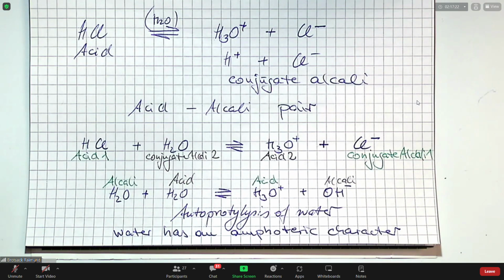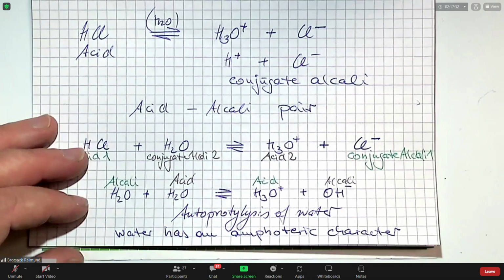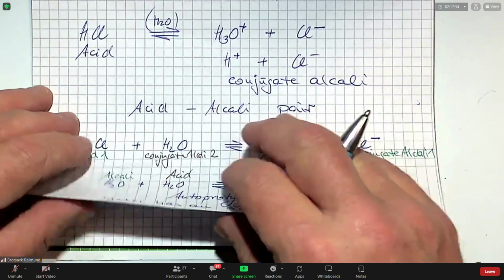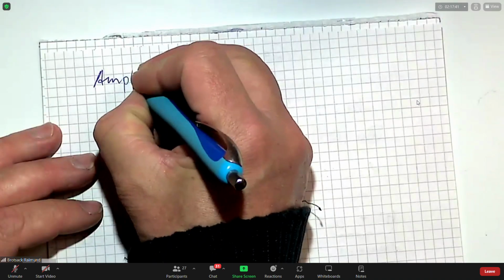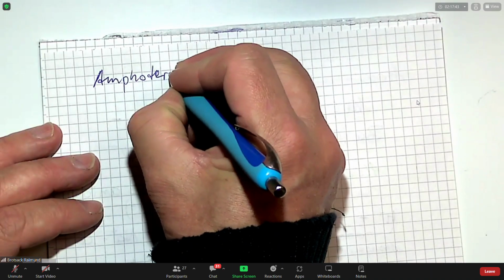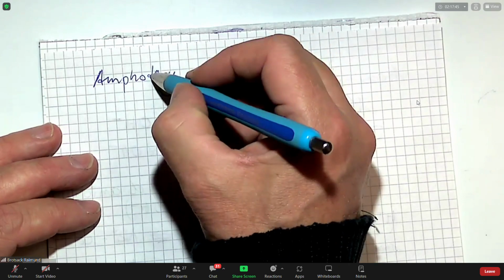That means it can act as an acid or an alkali.